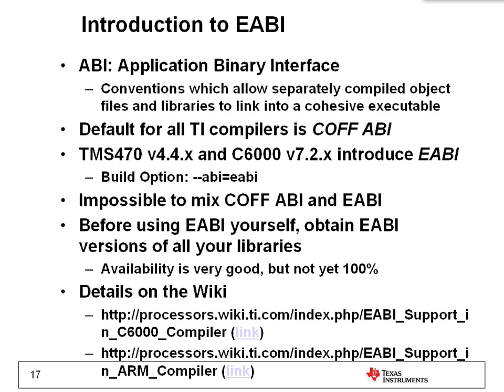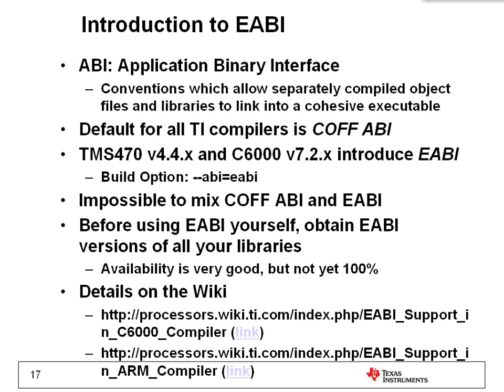And it stands for Extended Application Binary Interface. The build option you use to trigger it is --abi=eabi. An important point to understand is that it is technically impossible to mix COF ABI and EABI. There's no way to convert between the two. If you want to adopt EABI and you're presently using COF ABI, your only method is to rebuild from source code.